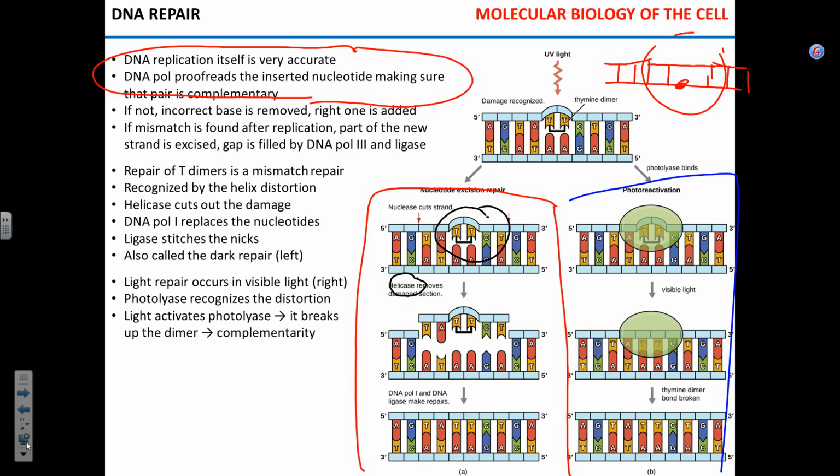So it separates the strands further and cuts the piece of the affected strand out. That makes sense? And then DNA polymerase 1, the same enzyme that replaces RNA primers during the replication, okay, the same enzyme fills up the gap.